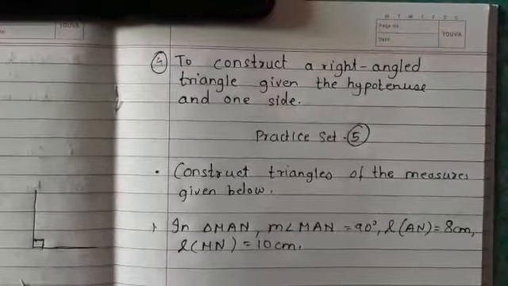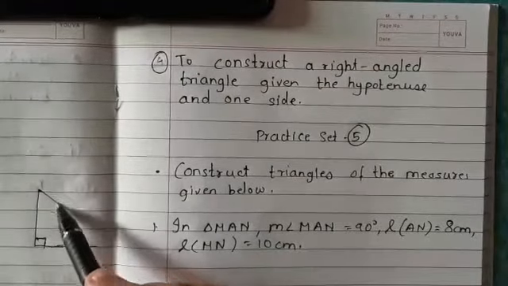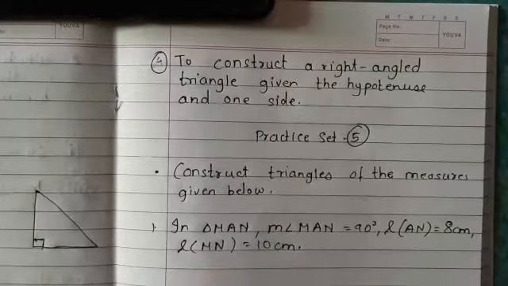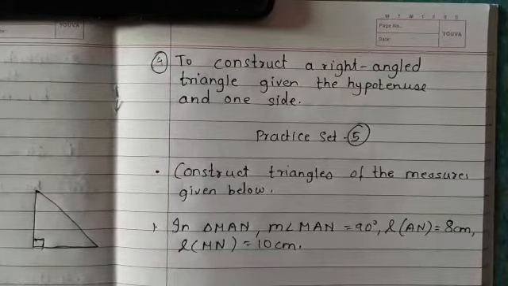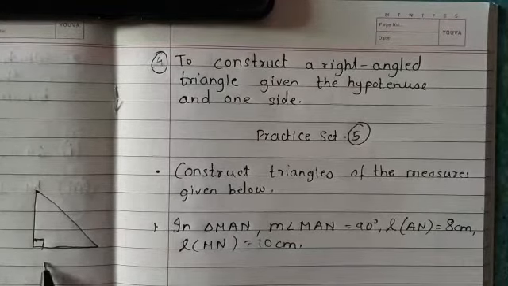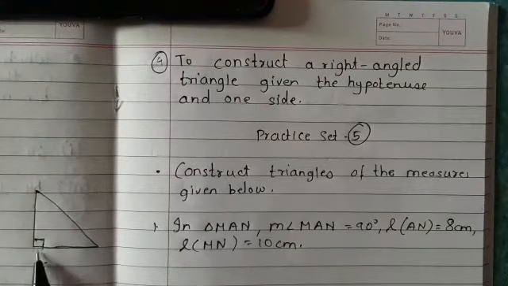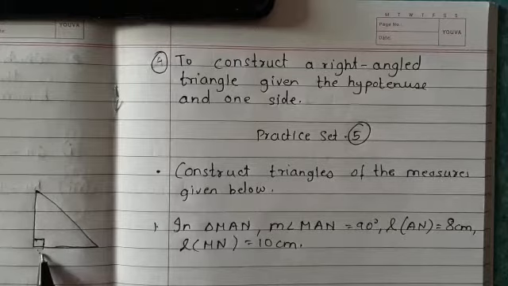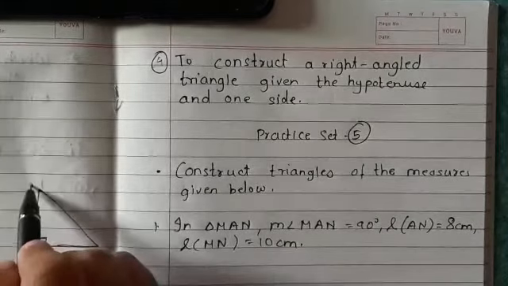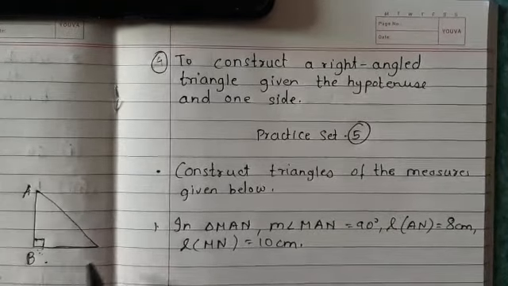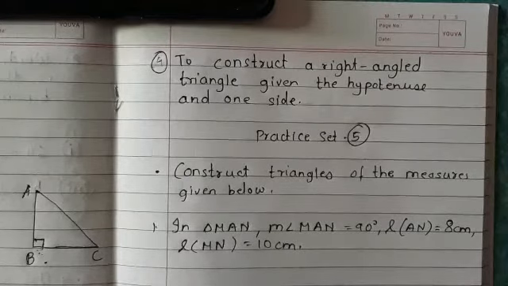If I join these two sides in this way, then am I getting a triangle? Yes. Now this triangle is called a right angled triangle because one angle in this triangle is a right angle. So we can say triangle ABC is a right angled triangle.